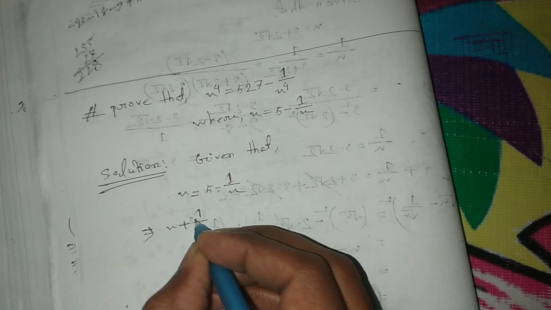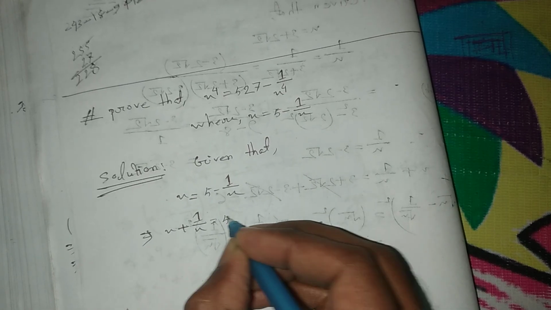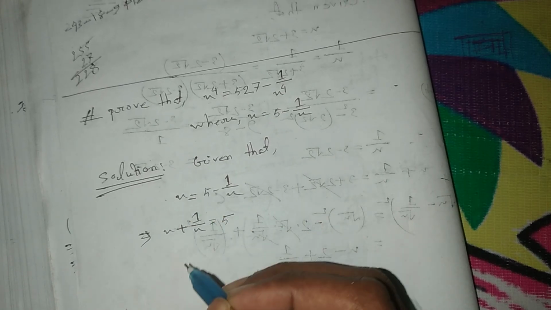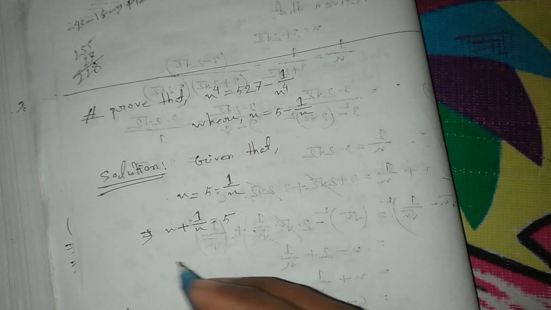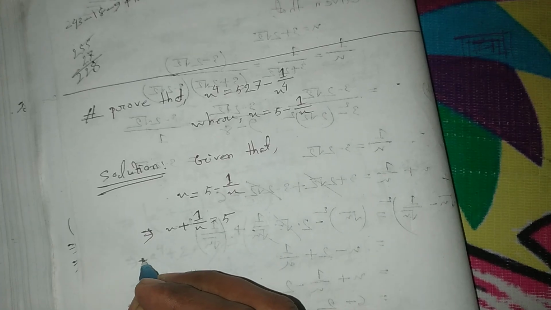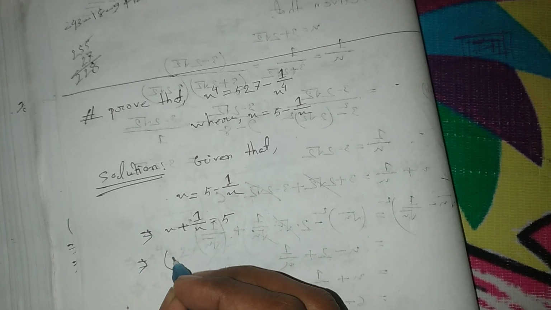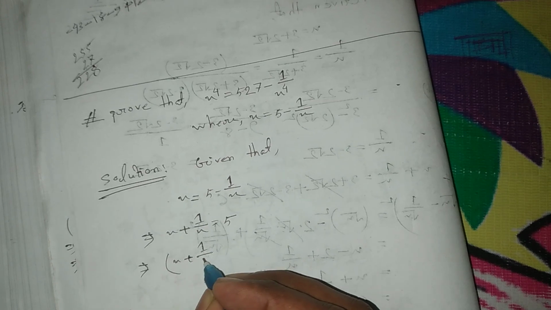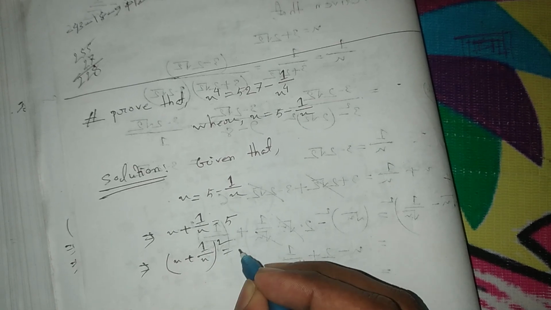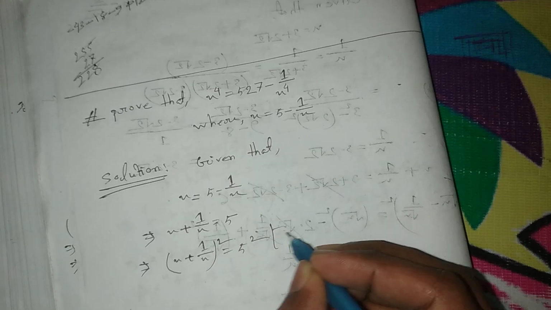x plus 1 by x is equal to 5. Squaring both sides: x plus 1 by x whole square is equal to 5 square.